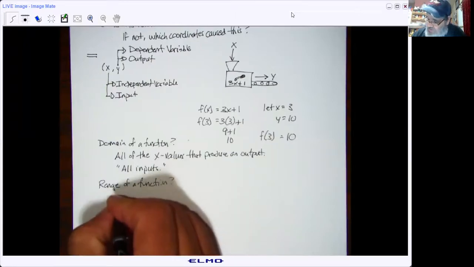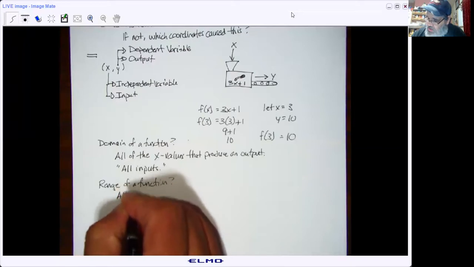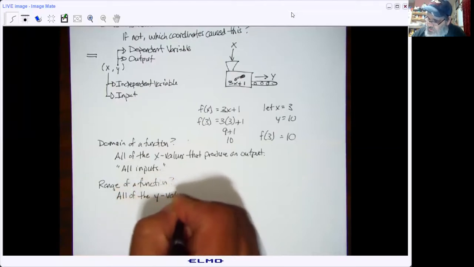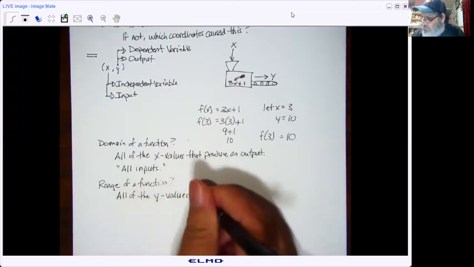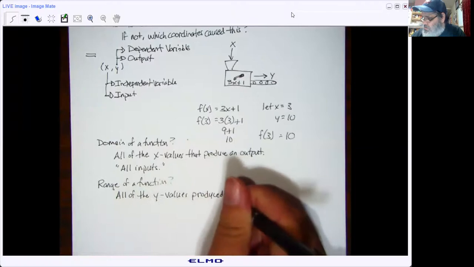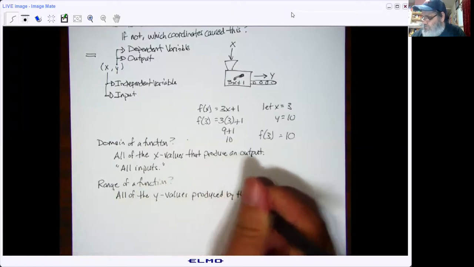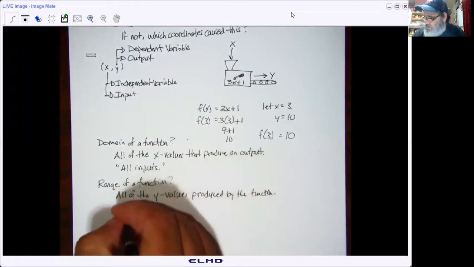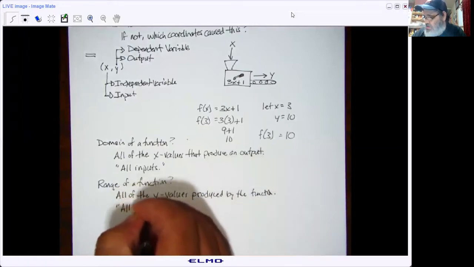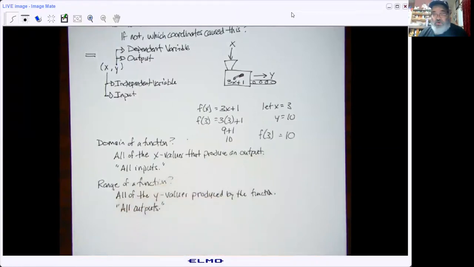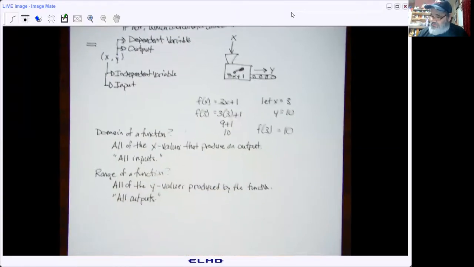So the range of a function is all of the y values produced by the function. Or we could just say all outputs. Okay?